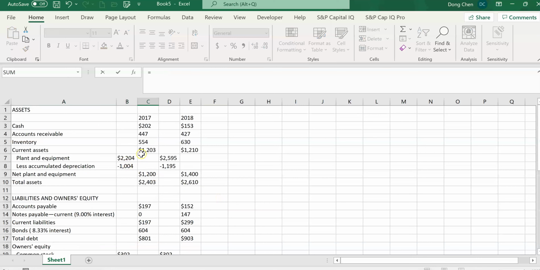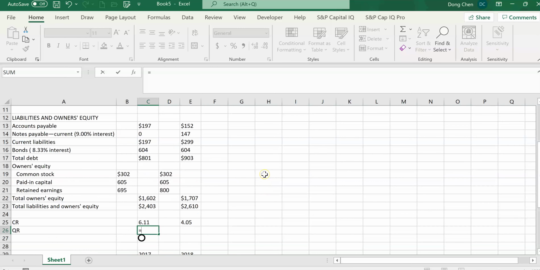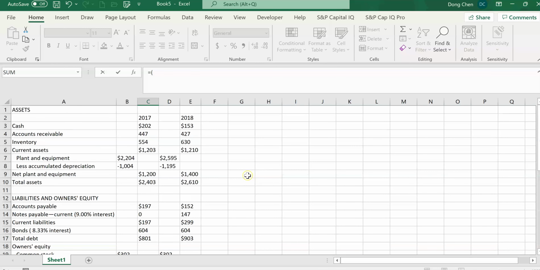Compared with the current ratio, we only include cash and accounts receivable. So just add cash and accounts receivable and use the parentheses because we want to do the addition before we do the division by the current liabilities later.